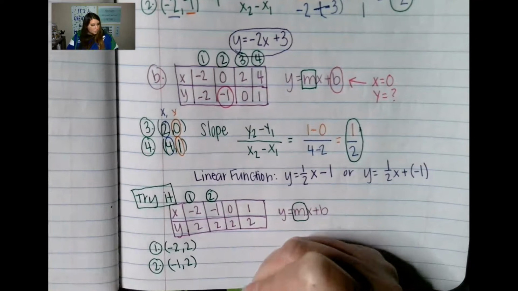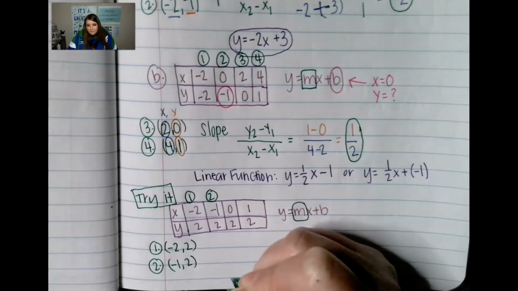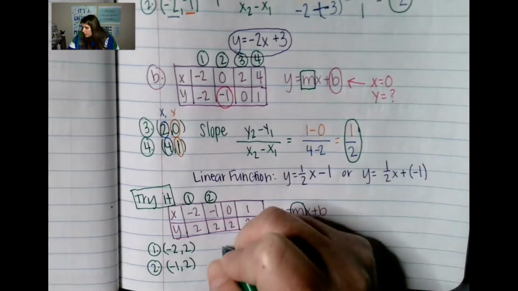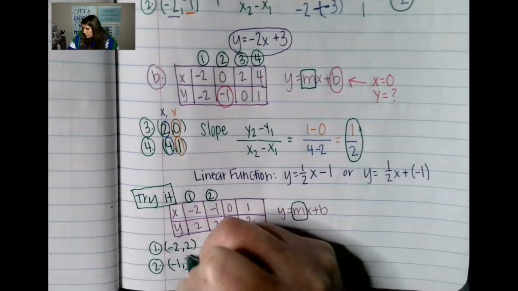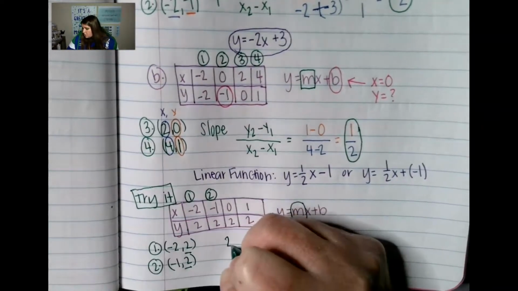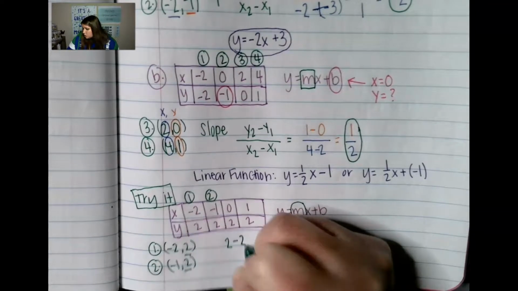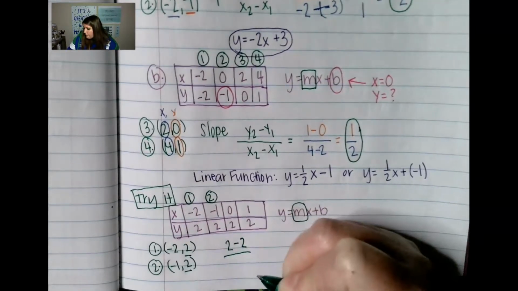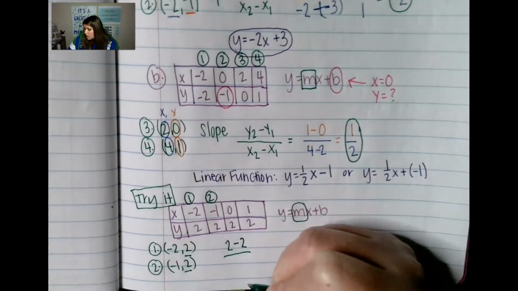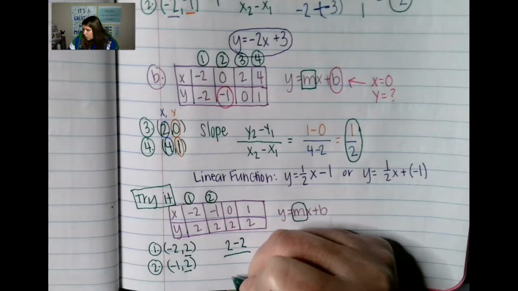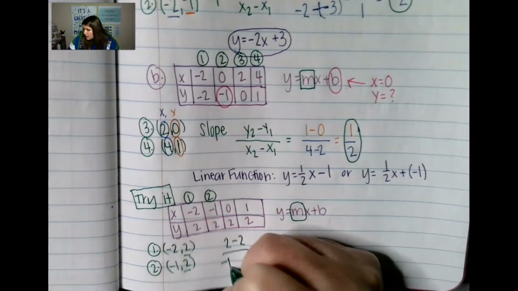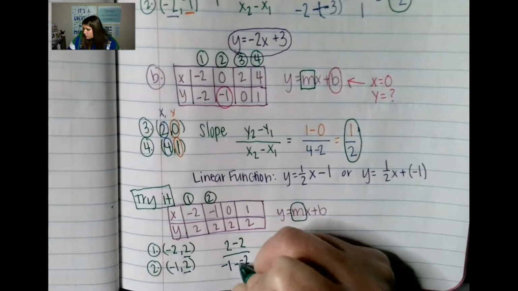And we're going to start with our y values. So this one and this one. So 2 minus 2 over x values, which are -1 minus a -2.